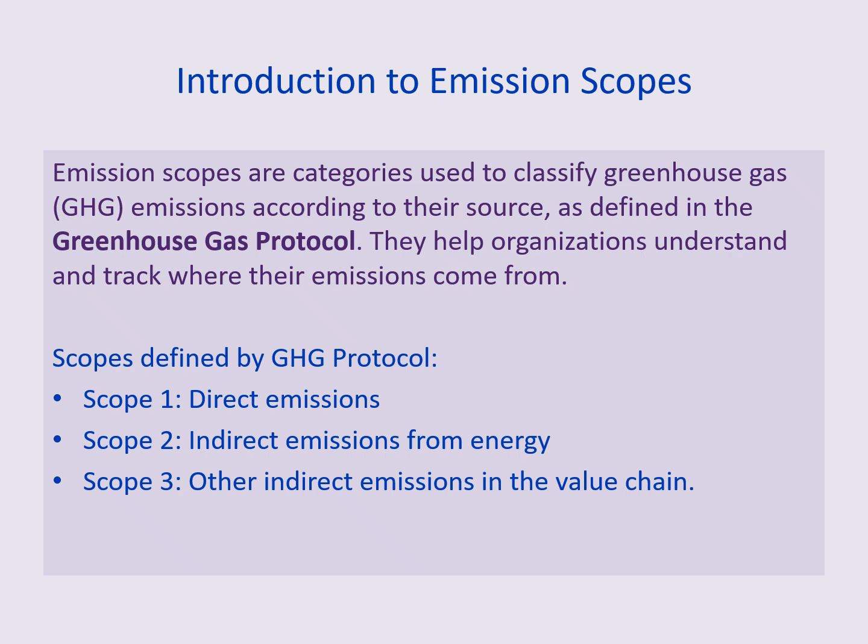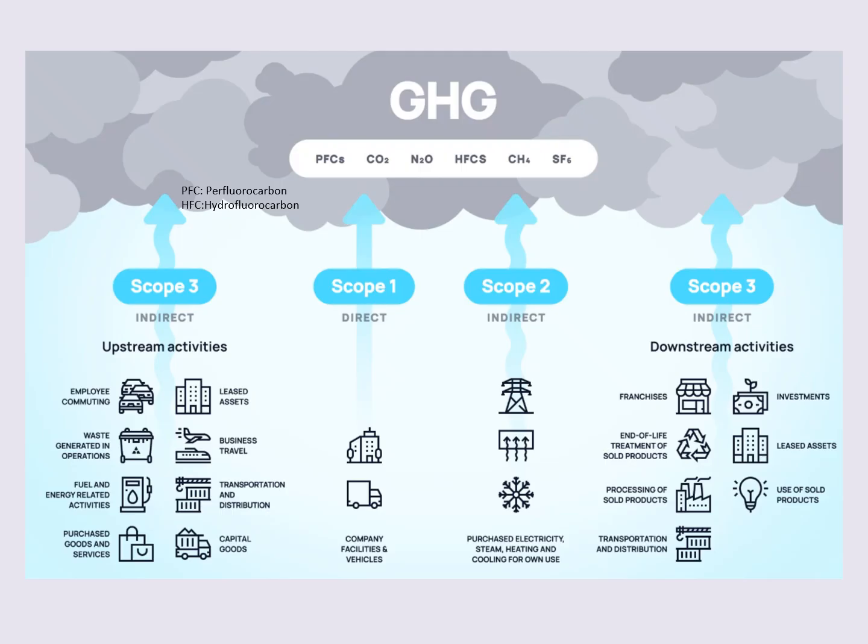And once the product is ready, it has to be taken to the common man. There is a lot of supply chain, so that is downstream. That also comes under scope 3. So here we can see all these gases and the scopes: scope 1 direct emission, scope 2 indirect emission, scope 3 downstream, and scope 3 on this side upstream.